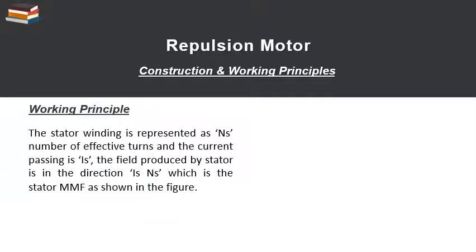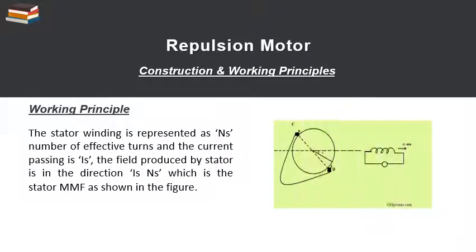The stator winding is represented as Ns, the number of effective turns, and the current passing is Is. The field produced by the stator is in the direction Is into Ns, which is the stator MMF as shown in the figure.